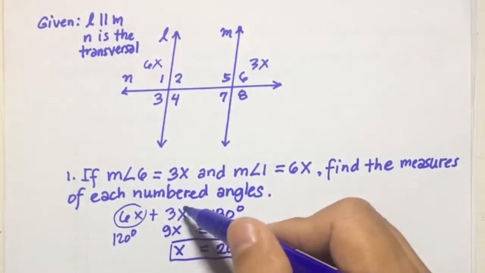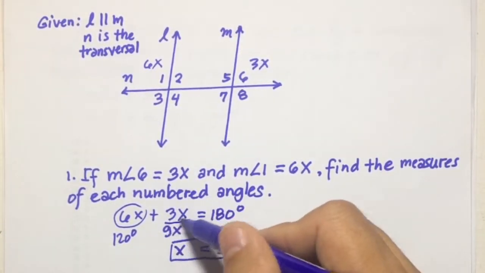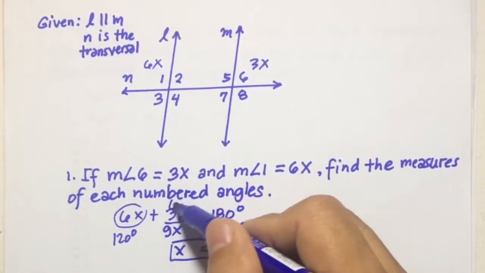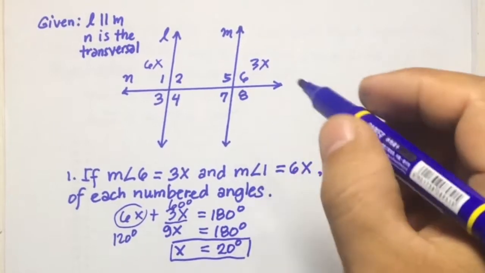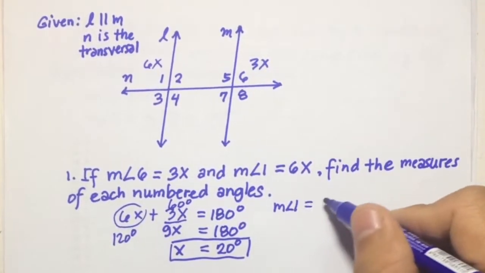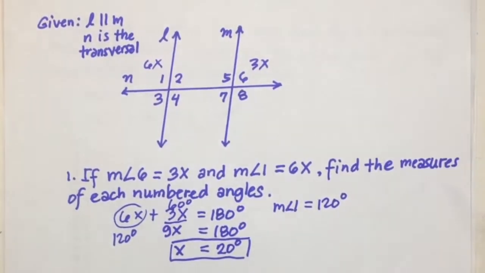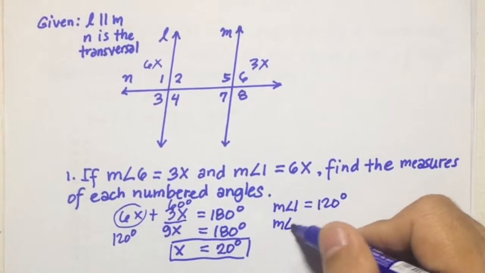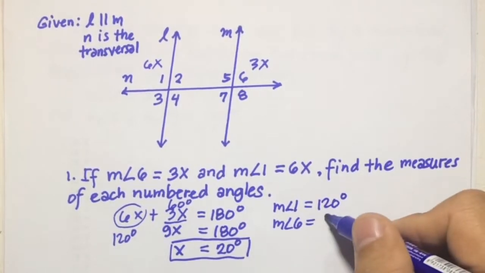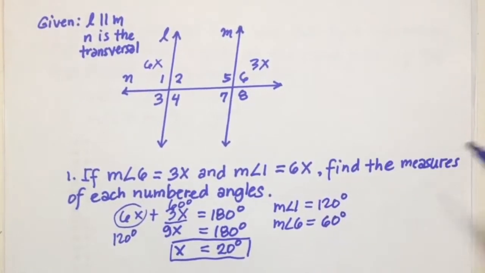And the measure of angle 6 is 3x, so 3 times 20 will be 60. Meaning, the measure of angle 1 is equal to 120 degrees, then the measure of angle 6 is equal to 60 degrees.